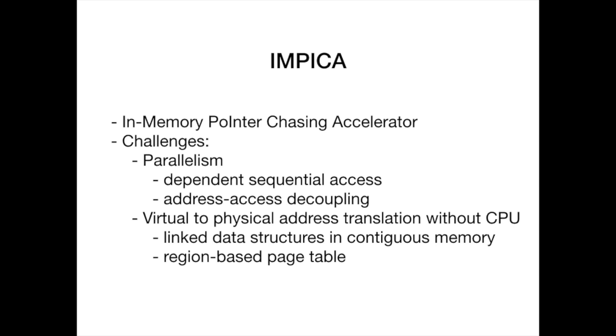Parallelism is difficult to achieve even in the high bandwidth environment of 3D stacked memory, and the reason is because of dependent sequential accesses. Whereas a multi-core CPU can handle multiple concurrent streams of link traversal, this is much more difficult to do in a simple accelerator.